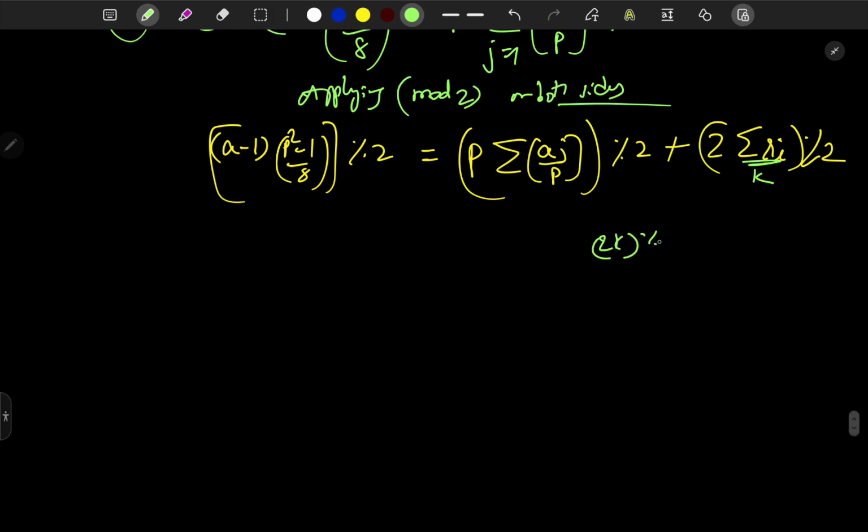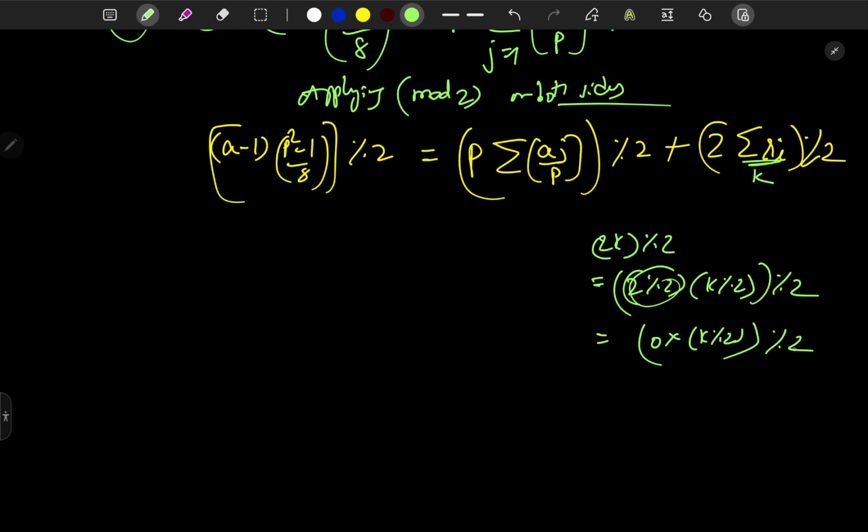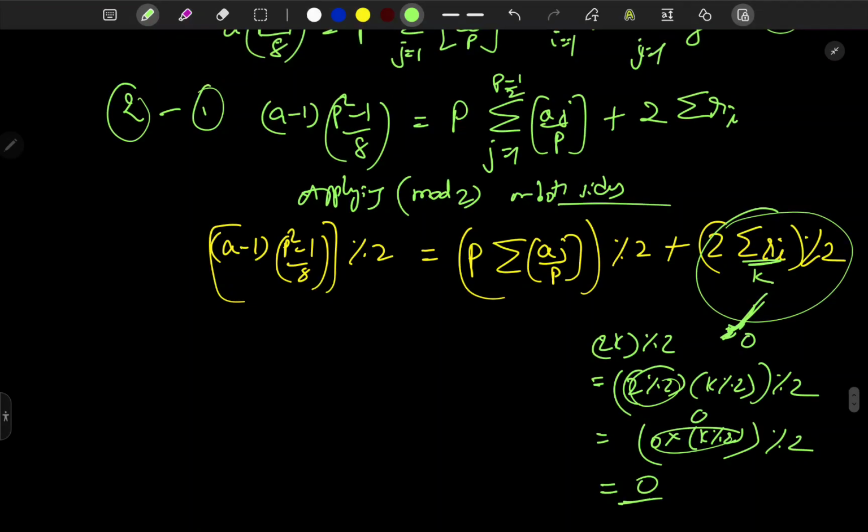So 2k mod 2 equals ((2 mod 2) into (k mod 2)) whole mod 2. So this value is 0, 0 into anything is 0. So this whole term, bye bye, it becomes 0.